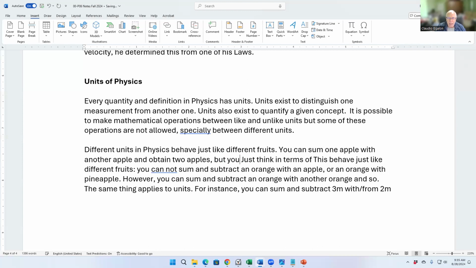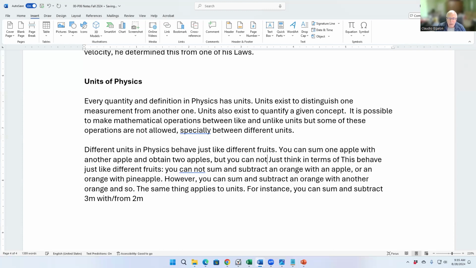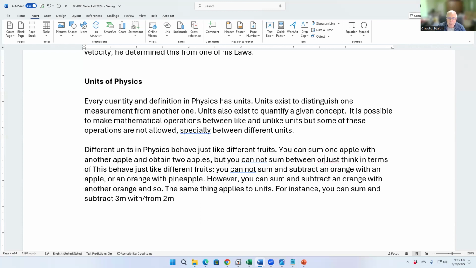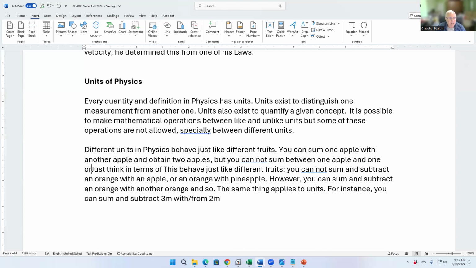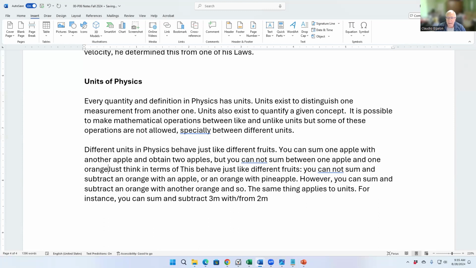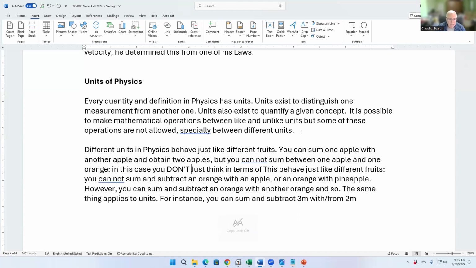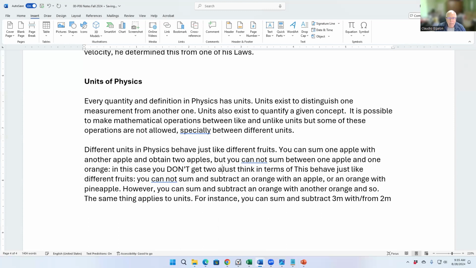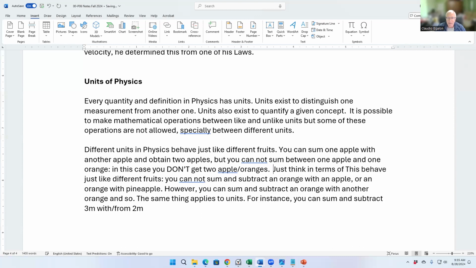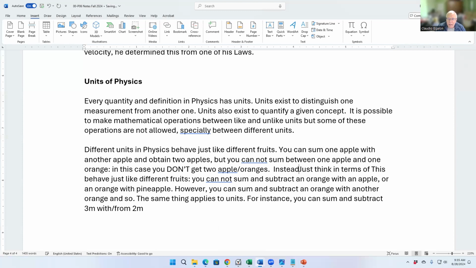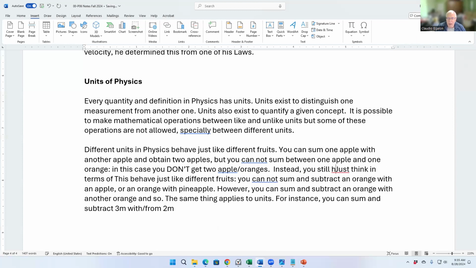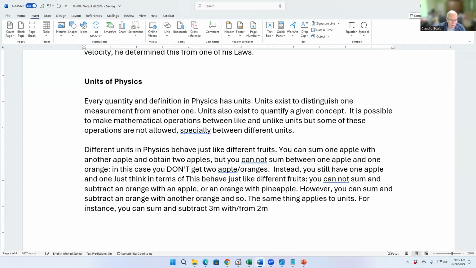But you cannot sum one apple and one orange. You don't get two apple oranges. There's no such thing as two apple oranges. Instead, you still have one apple and one orange.